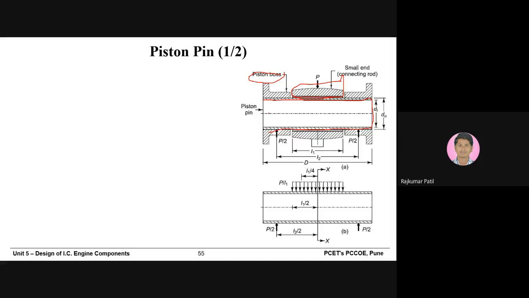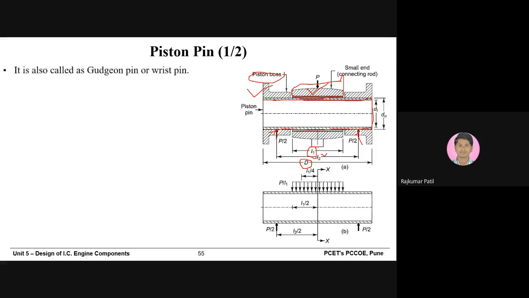So ultimately what we can see, the piston pin connects the piston and the small end of the connecting rod, and the length of the small end of the connecting rod is denoted by L1. The length of the piston pin is generally denoted by D, and about L2, this is the resisting force, like that we will see afterwards, but the length is L2, where the resisting force acts.